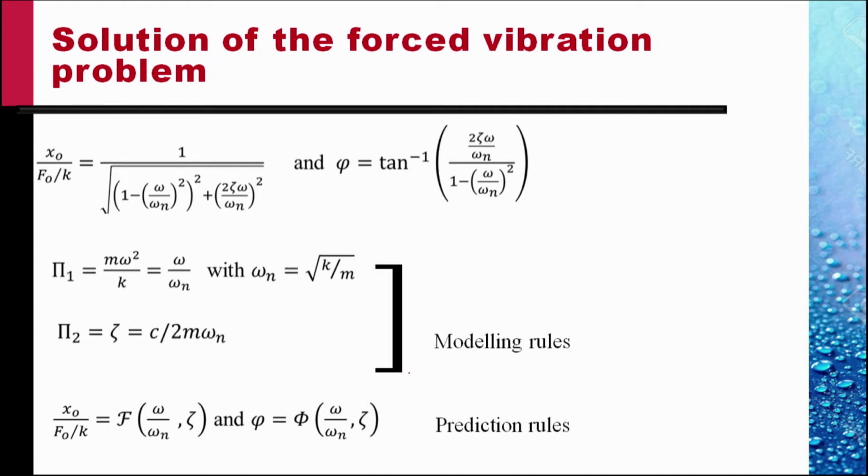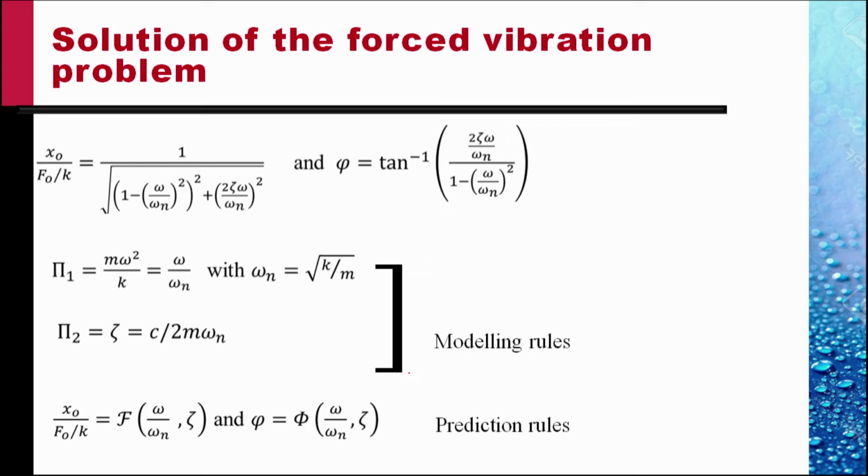So, we can choose the values of m, k, c and omega of the model system in such a manner that the values of the two pi's, pi 1 and pi 2, are identical, and then do the experiment on the model system.